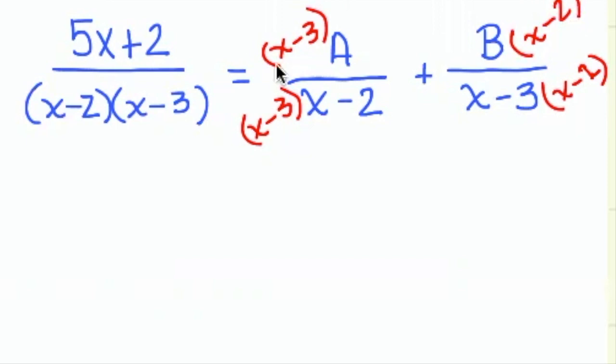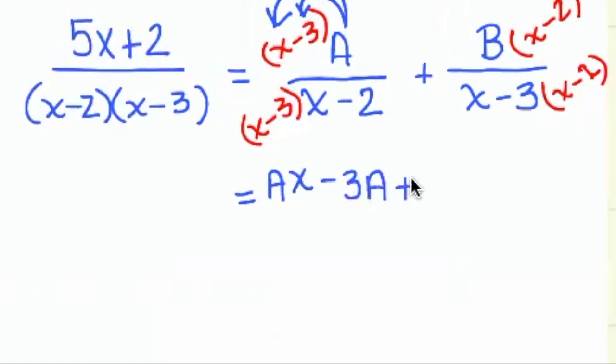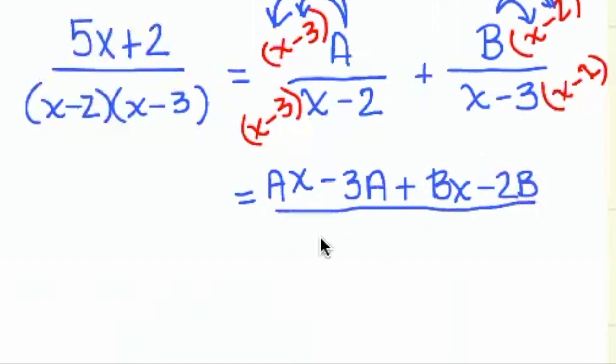I'm going to go ahead and distribute at the same time as I create my numerator. So I'm going to do A times x and A times minus 3. So I get Ax minus 3A plus Bx minus 2B all over my common denominator of x minus 2 times x minus 3. Now I want to group my like terms.